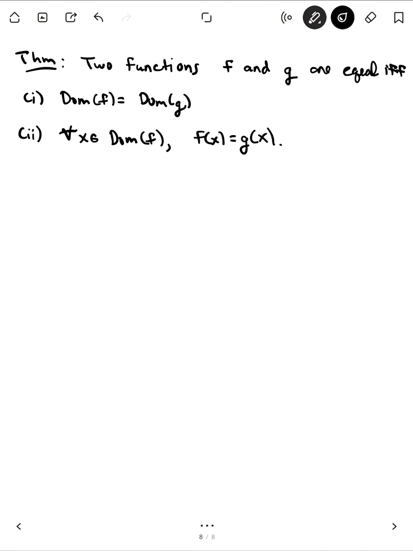This is not a lengthy proof, but it is a biconditional statement and it is kind of intuitive, so I'm not going to go into the proof. I'm just going to leave it at that, and go right into the next example.